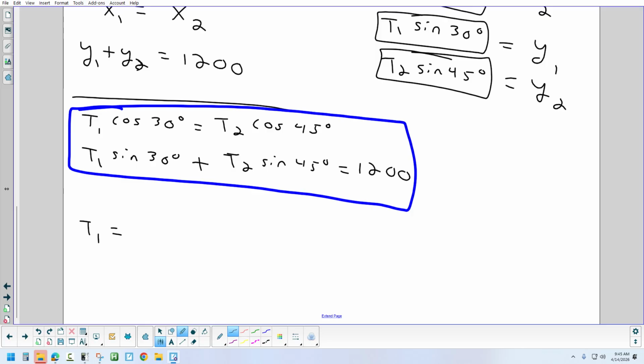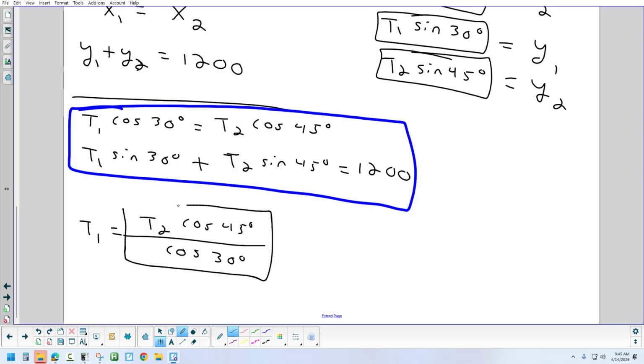T1 would be T2 cosine 45, and then I would divide by cosine 30. So there's my formula for T1. And what am I going to do with this? Yeah, we're going to substitute it in for T1 right there. So the first tension we are solving for is the tension in cable 2, just the way we did it.